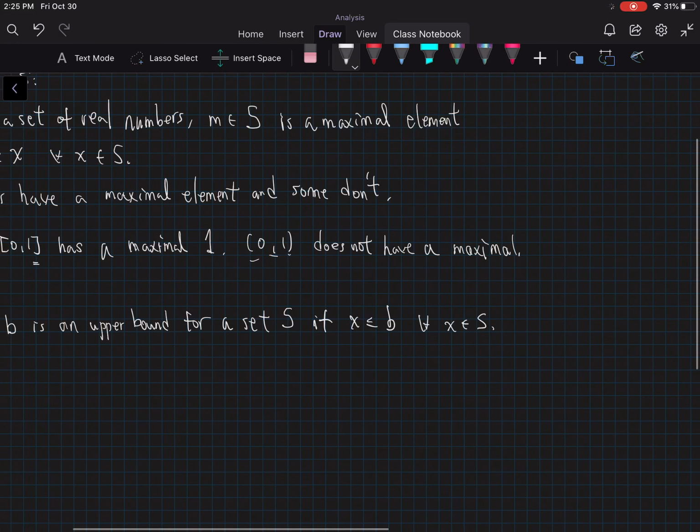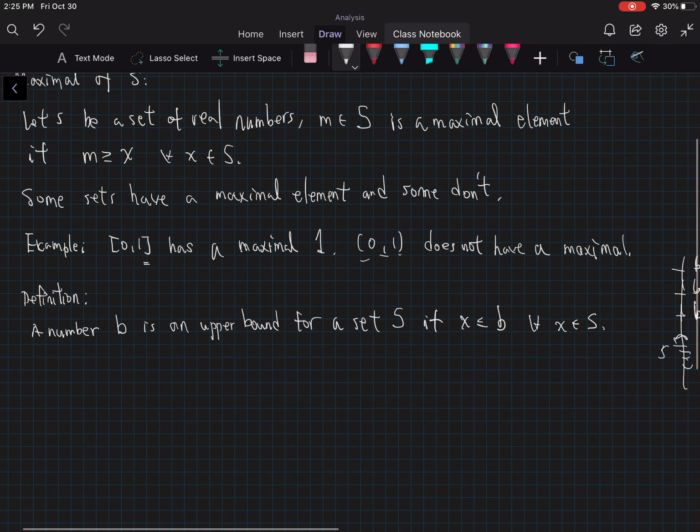If S is somewhere around here, and any point B, any point above that can be an upper bound. So there are many upper bounds if a set has an upper bound.